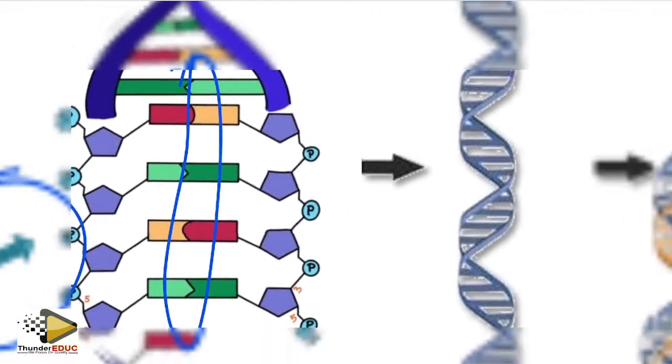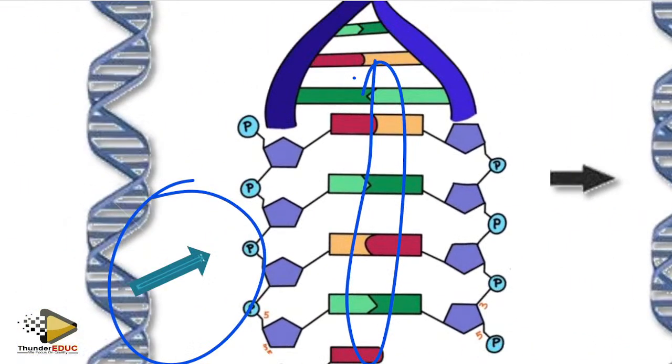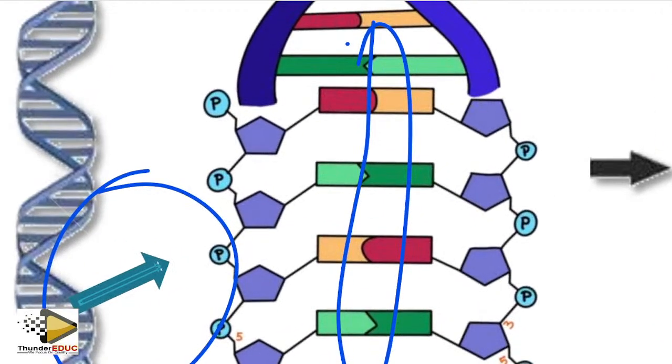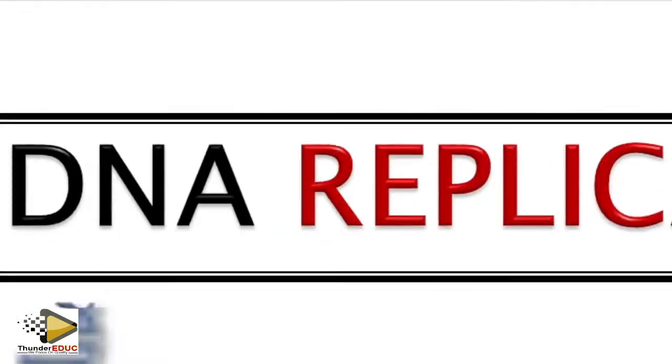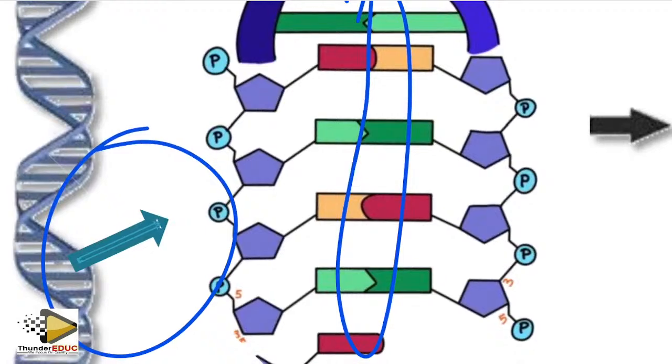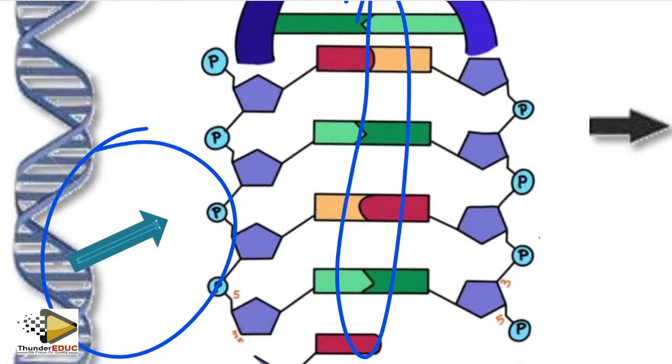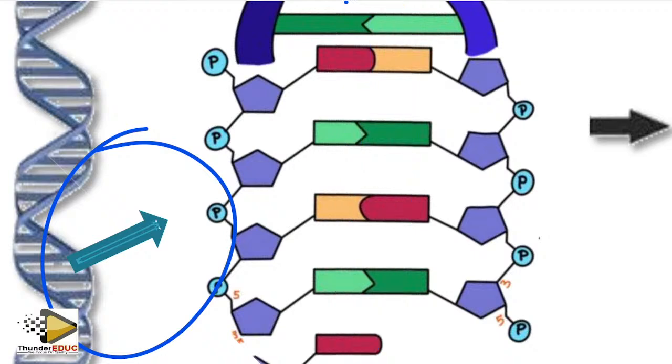When these bonds break, you are able to see exactly what happens. So these bonds will break, and in science, we shall say that it has unzipped. You understand? Weak hydrogen bonds break.